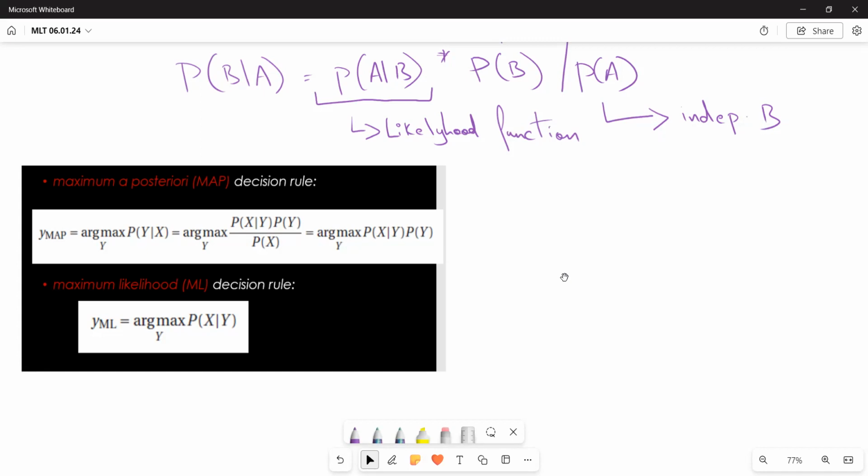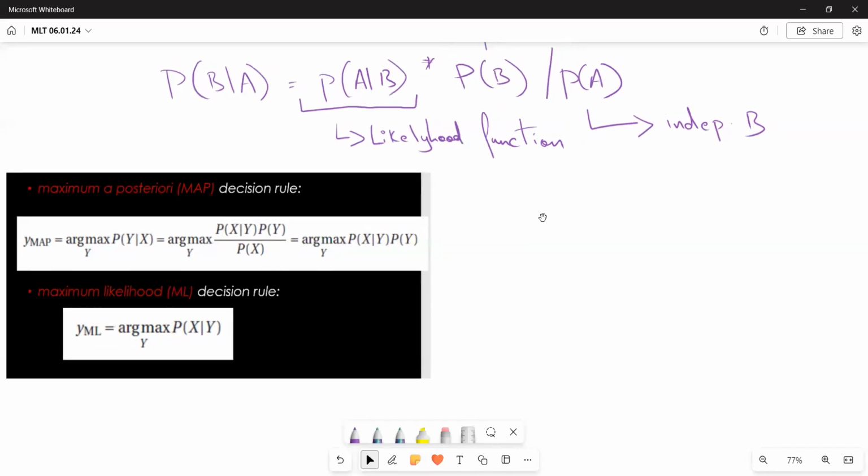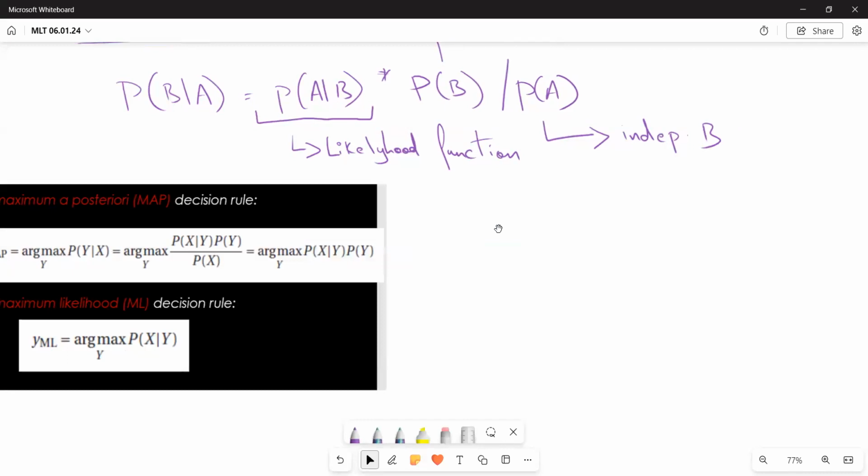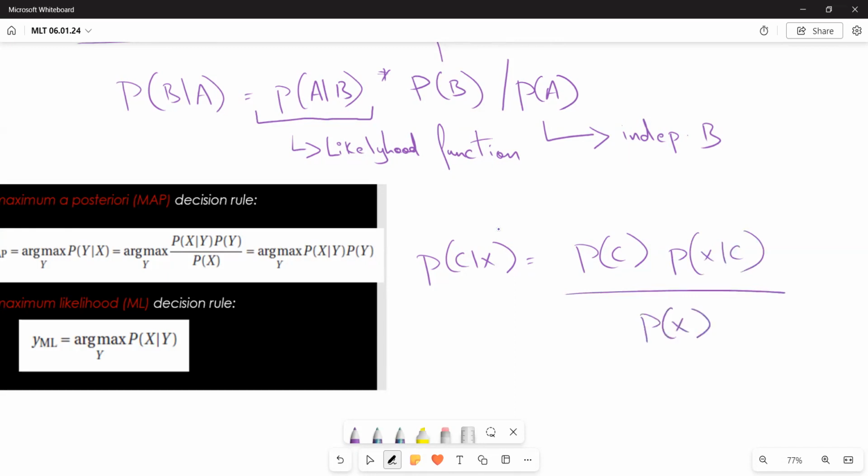Coming to the other part, your Bayes rule. Your Bayes rule has something like this. We are looking into the prior, right? Prior probability independent of B, and the likelihood function. So you can also work on it like this. Here is your prior.